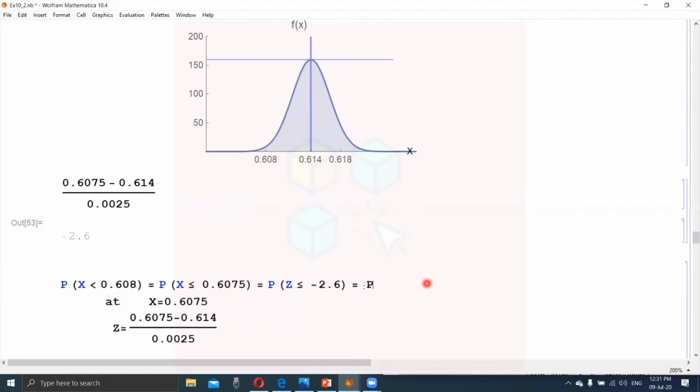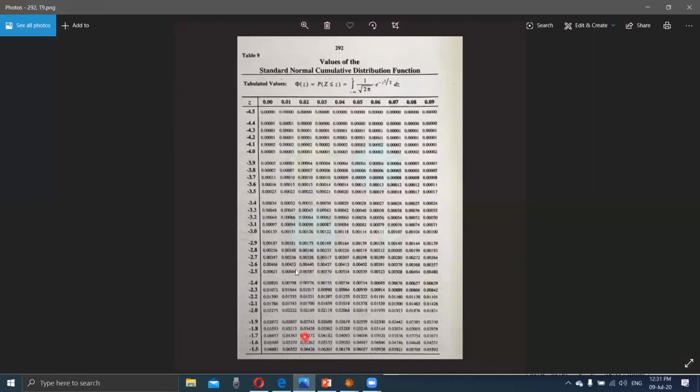When there is probability Z less than, we can write it as capital Phi of minus 2.6, and we can obtain this value from table number 9, in which the standardized normal cumulative distribution function is given.